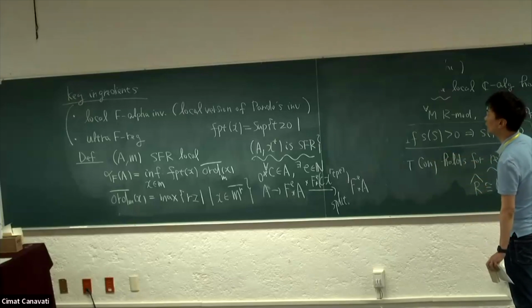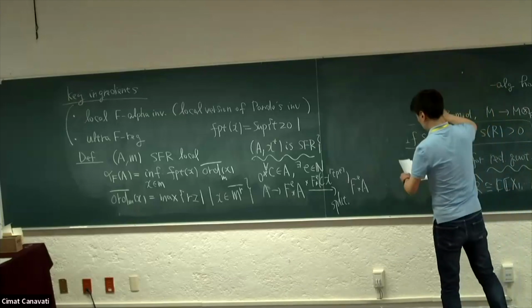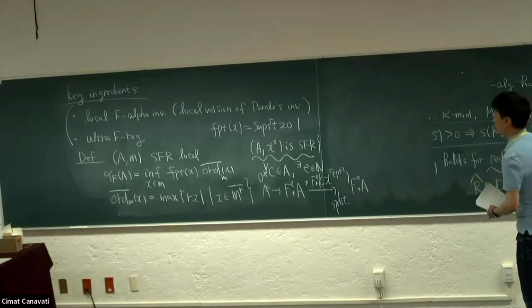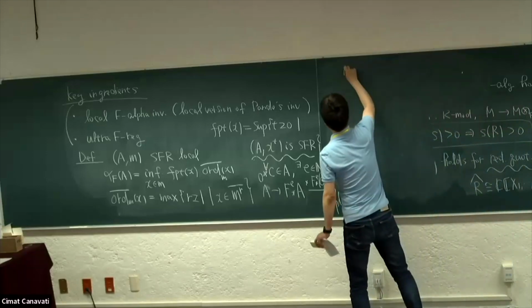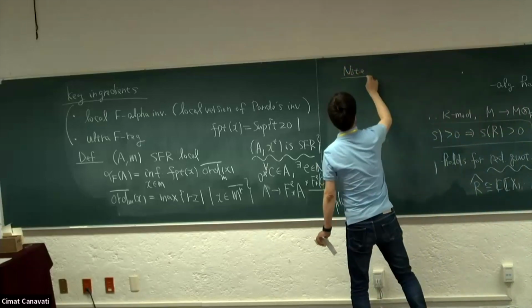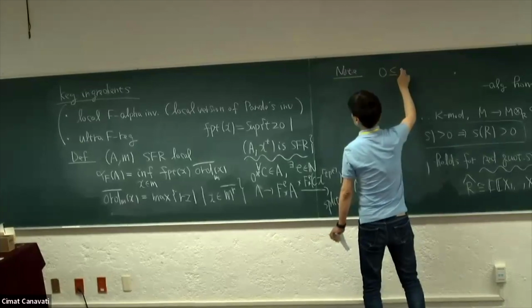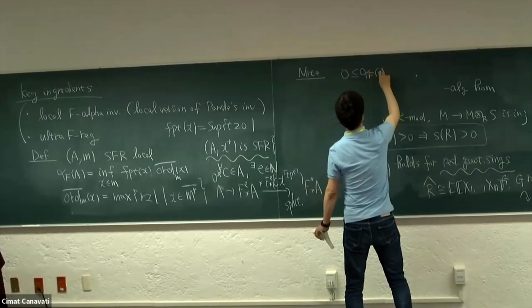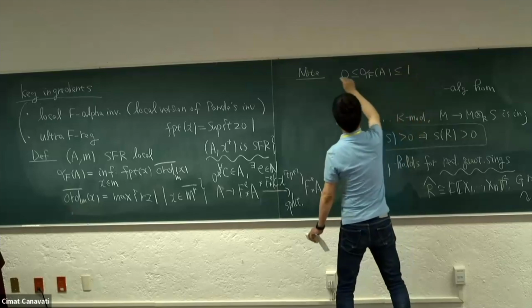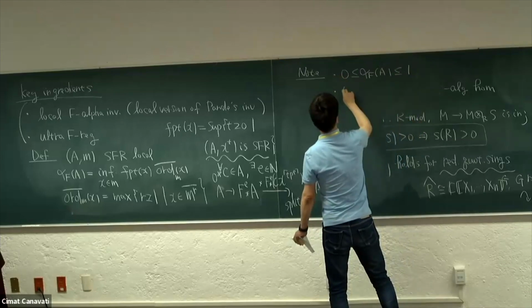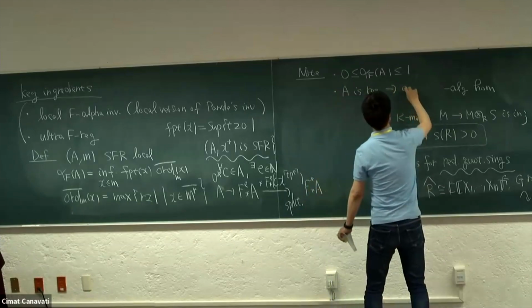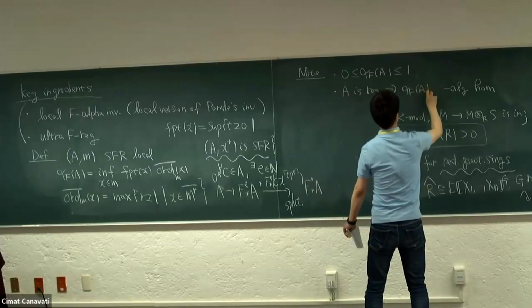And okay. So then it is easy to check if our invariant is between 0 and 1, and also if A is regular, then this invariant is equal to 1.